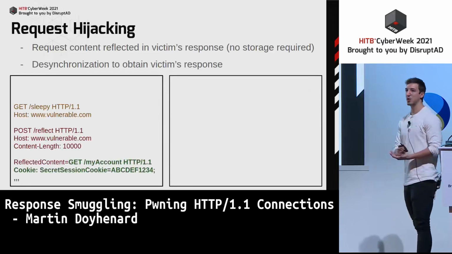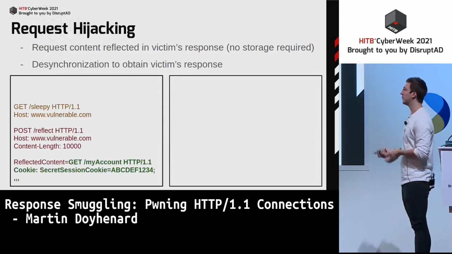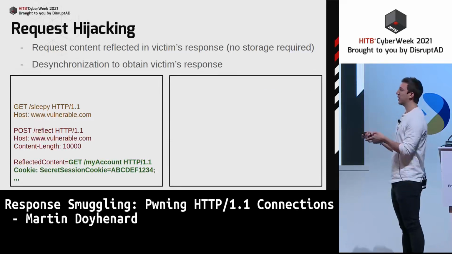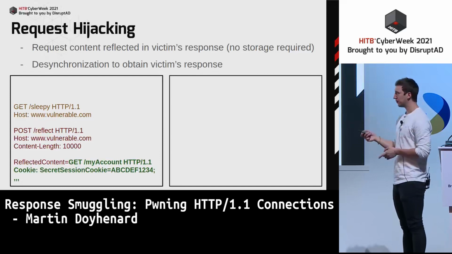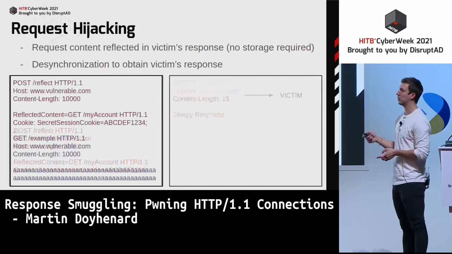And now the proxy will be able to receive another request from, for example, a victim, and will forward it back to the backend. When the backend receives this, it will concatenate it with the last request. And now the sleepy request creates a response. This will go back to the victim, as we already saw.